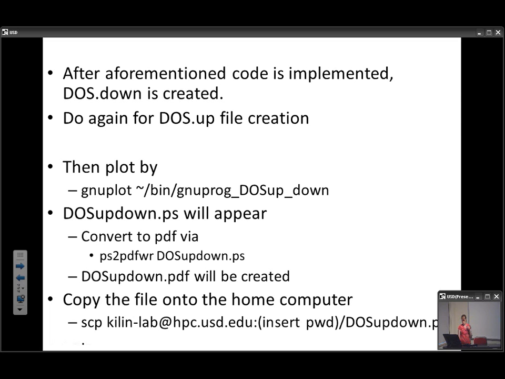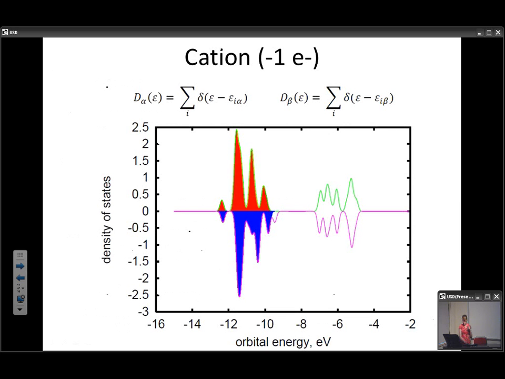We convert it to a PDF using the ps2pdf command, and then we can copy that onto the computer using scp. If you type pwd where you're working, it'll give you your pathway, then the name of the file you want to copy, followed by a space and then a period.